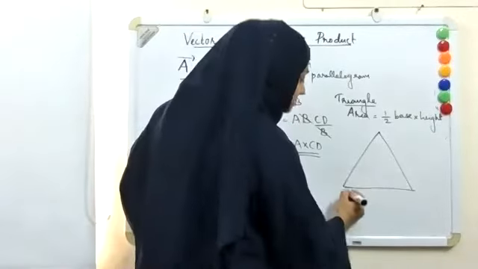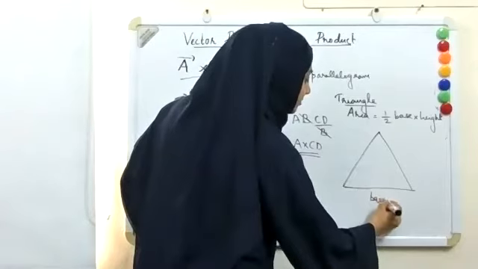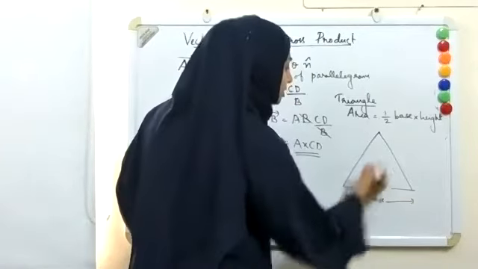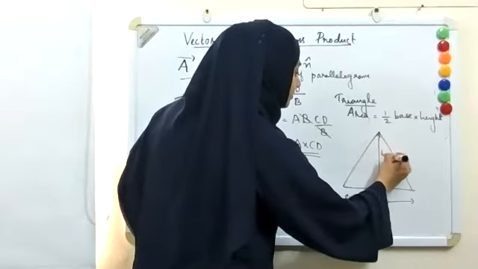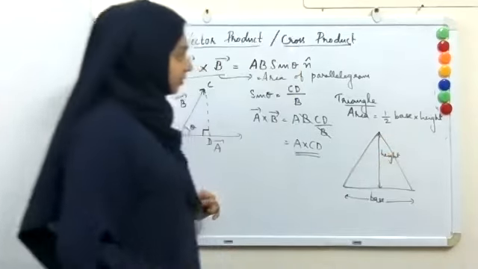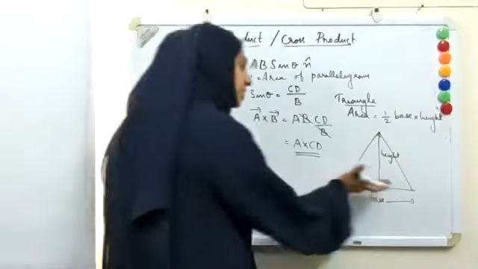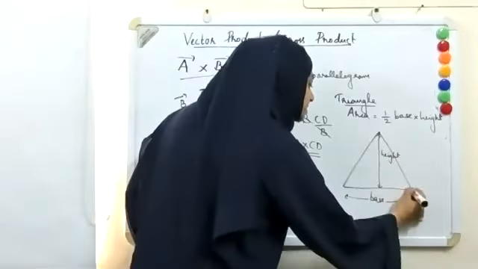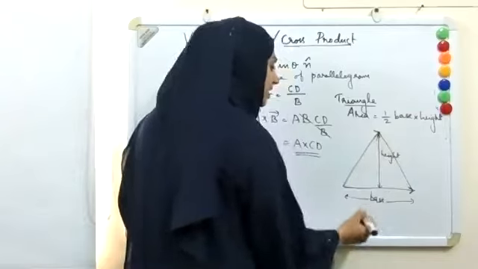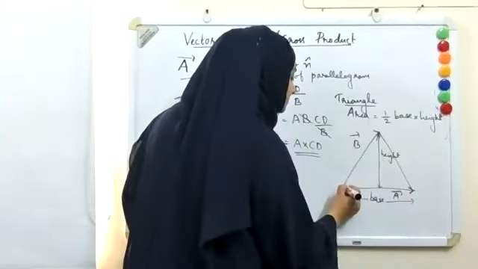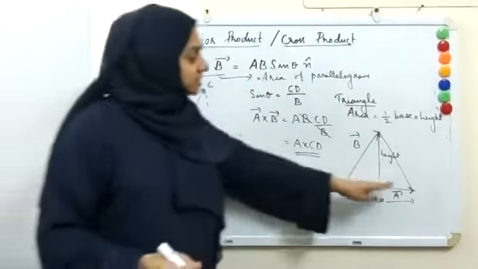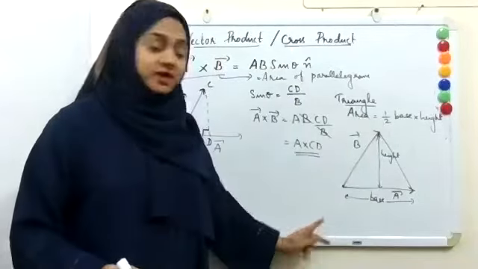And this is the base. This is the height. Now suppose two adjacent sides of a triangle form two vectors.